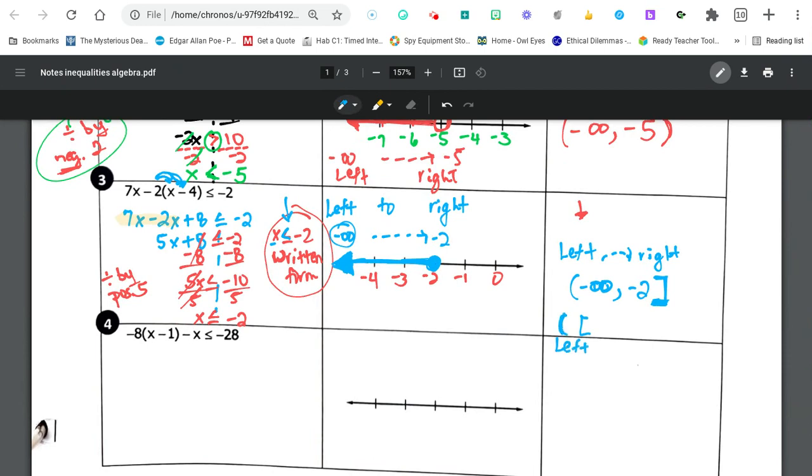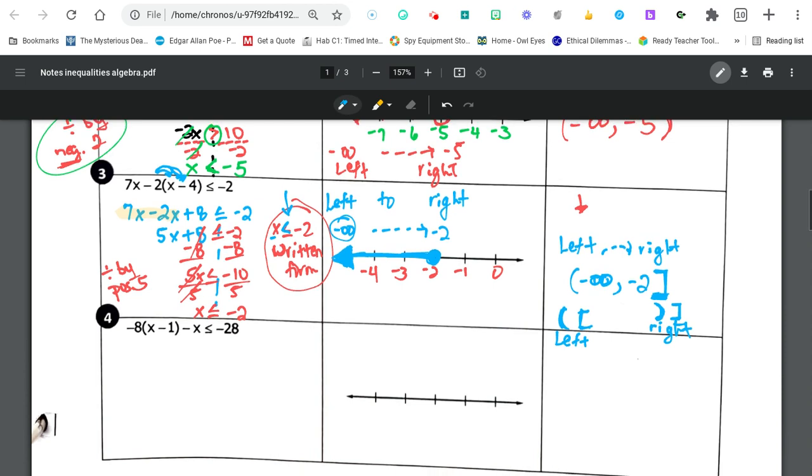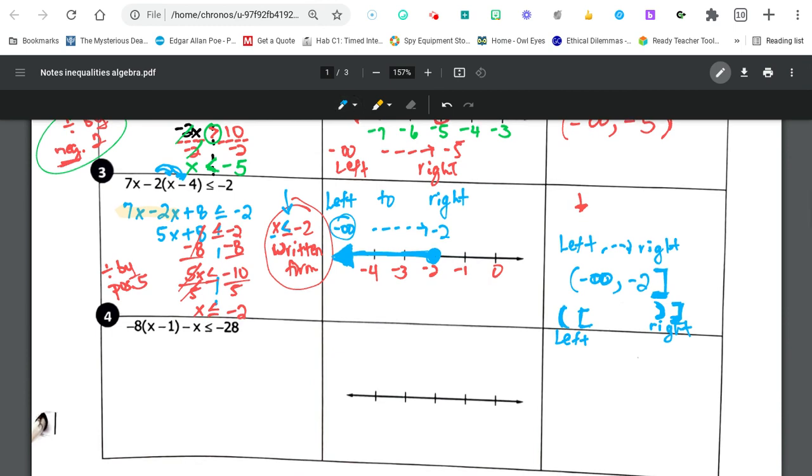It'll be a parentheses if it's an open circle. It'll be a bracket that opens this way if it's a closed circle. And anything on the right will be a parentheses or a bracket that closes that way, because that's the end. On the right is the end. Again, it will be a parentheses if it has an infinity or an open circle, or a bracket if it has a closed circle.